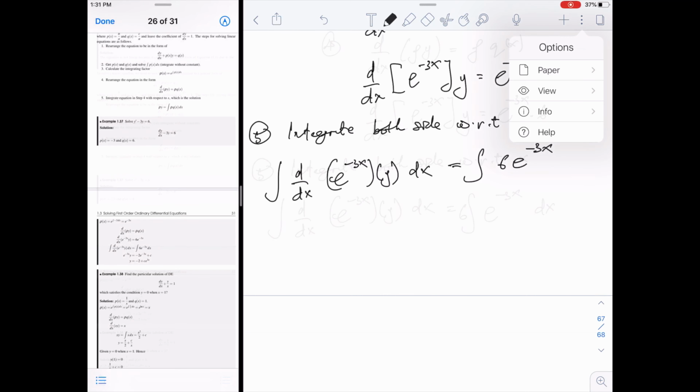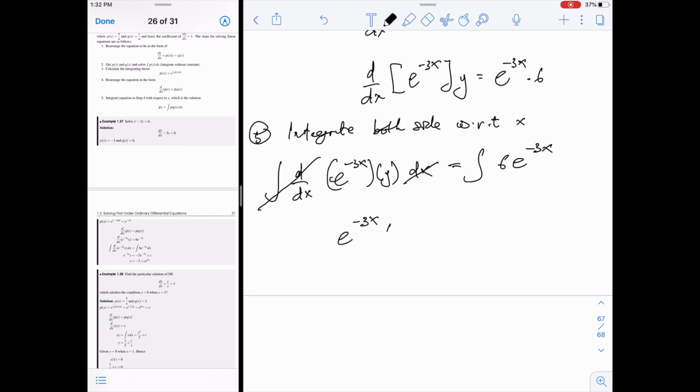According to mathematical knowledge, we can cancel off the integration over here, and the left hand side remains e^(-3x) y, and for the right hand side you will have 6 e^(-3x) over -3, plus a constant.